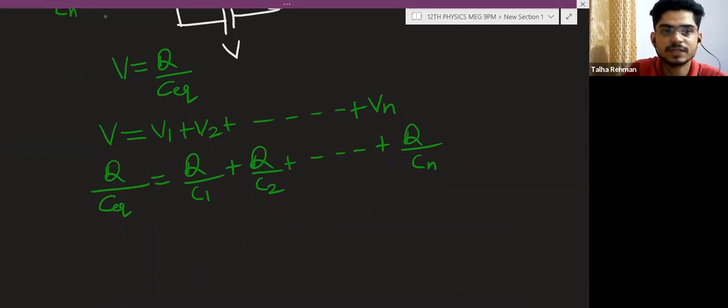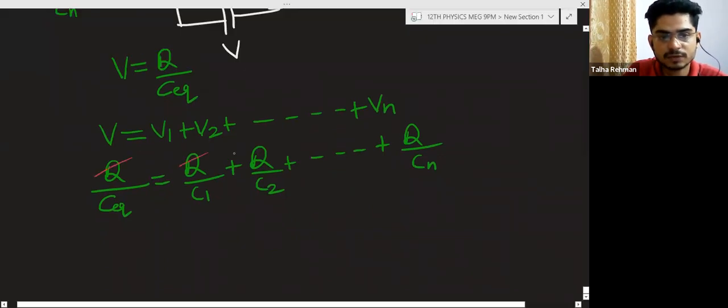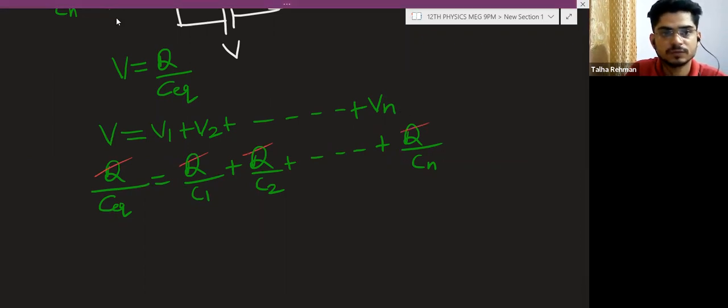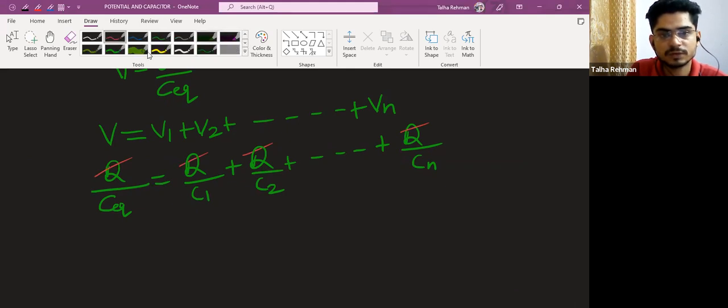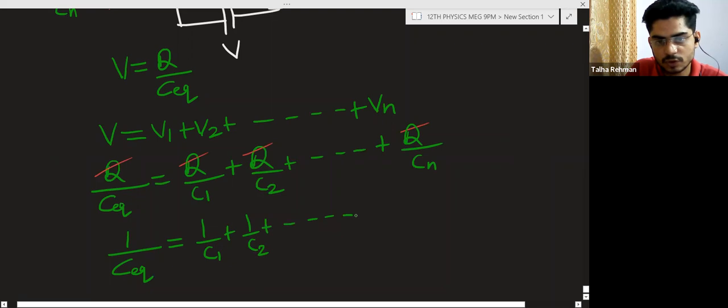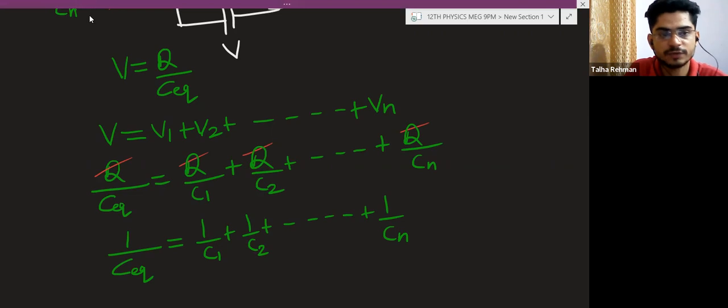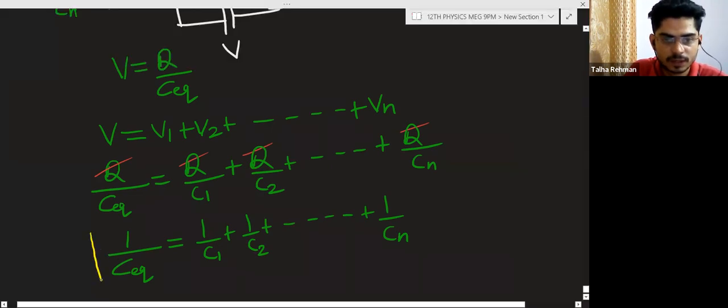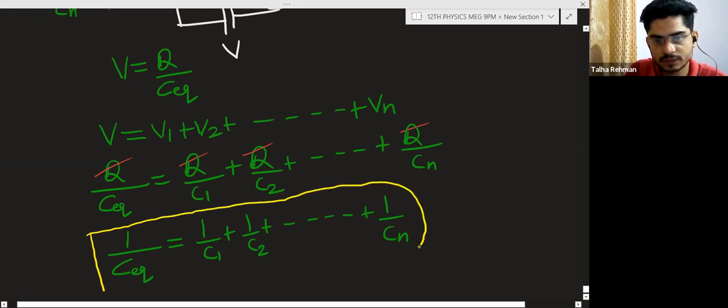From here the charges, Q, cancel out. So what we have got is 1 upon C equivalent equal to 1 upon C1 plus 1 upon C2 plus and so on plus 1 upon Cn. That's how we calculate the equivalent capacitance of a series combination.